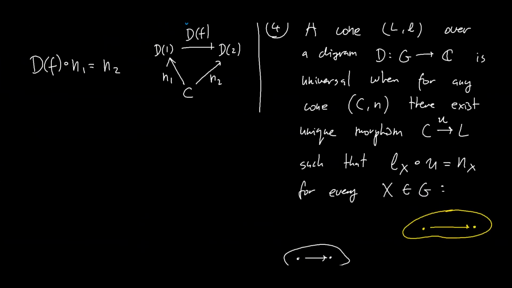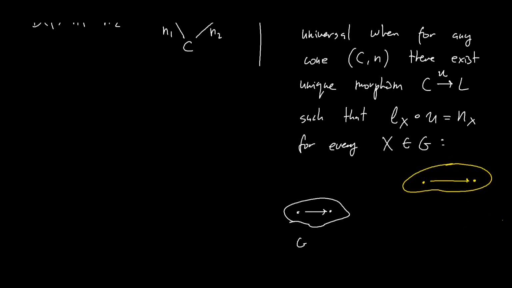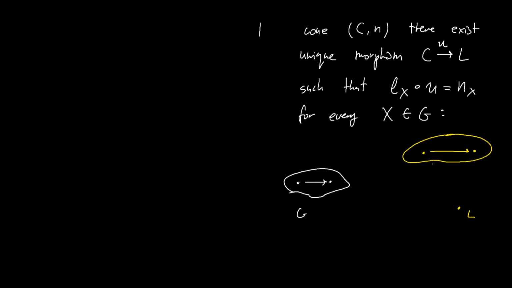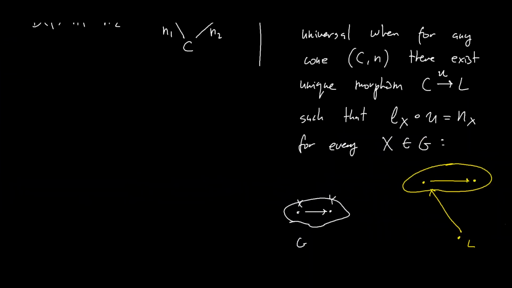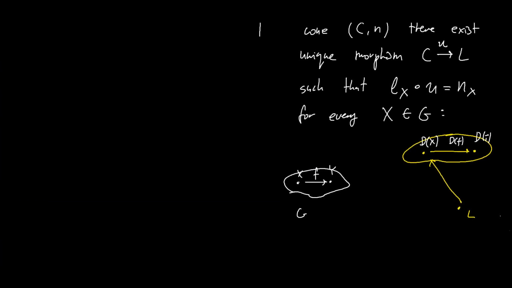And then I have a universal cone, which means I've got my L. So if this is X and Y, here we'll have DX and DY. And if this is F, this will be D of F.